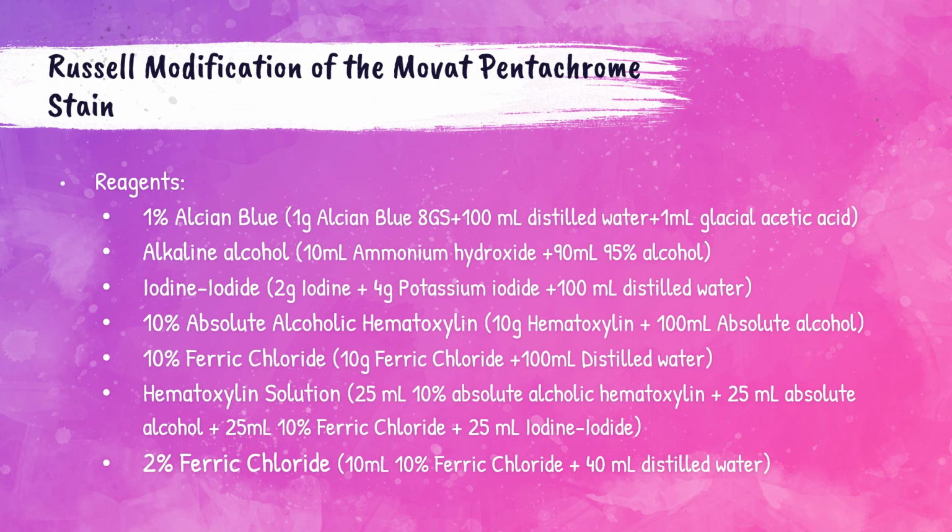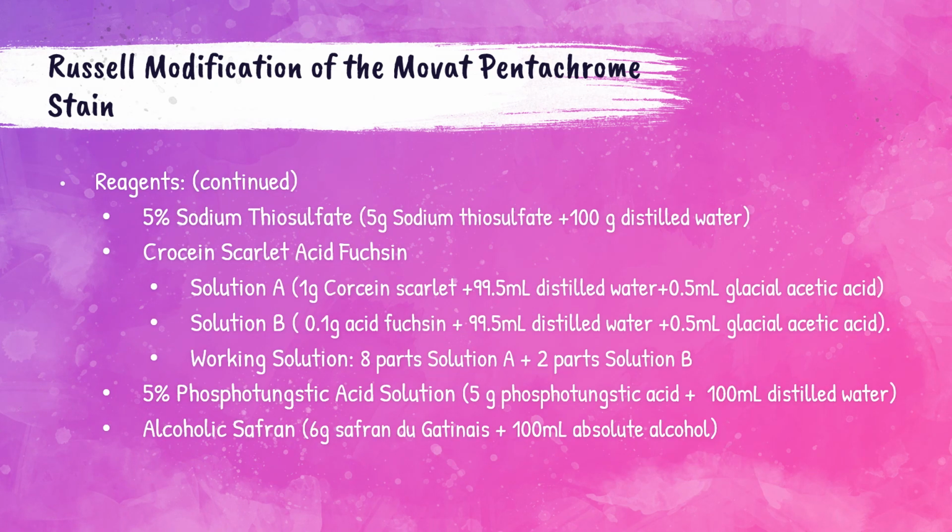2% ferric chloride, which is prepared by combining 10 milliliters of 10% ferric chloride with 40 milliliters of distilled water. 5% sodium thiosulfate, which is prepared by combining 5 grams of sodium thiosulfate with 100 milliliters of distilled water.